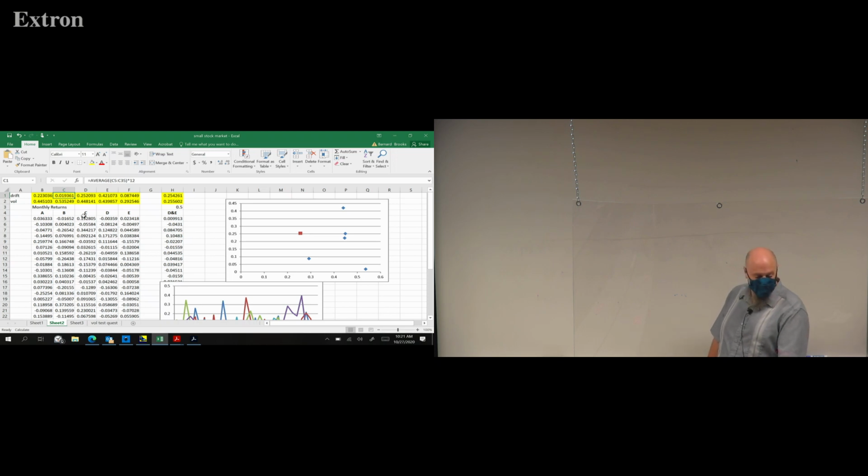So not only is it the riskiest, it's got the least reward. Stock B sounds terrible. I'm not going to buy that. What about A? A's got more reward than B, and it's got less risk than B. So I would certainly buy A over B.